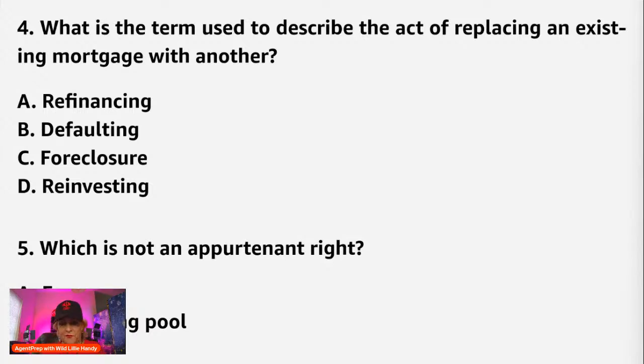Think about it and see if you've ever had a loan or ever bought a home. When you replace one mortgage by another, or a deed of trust by another? That is correct. 4A, a refinance.